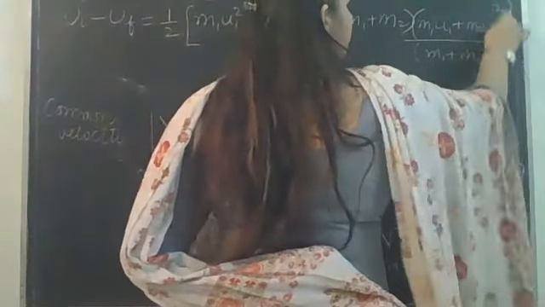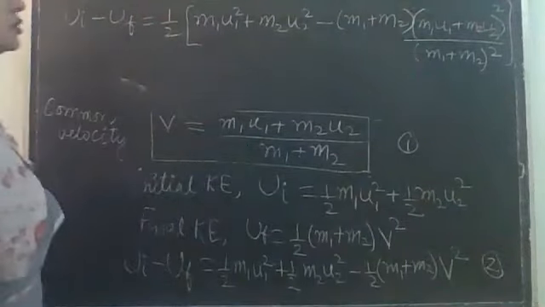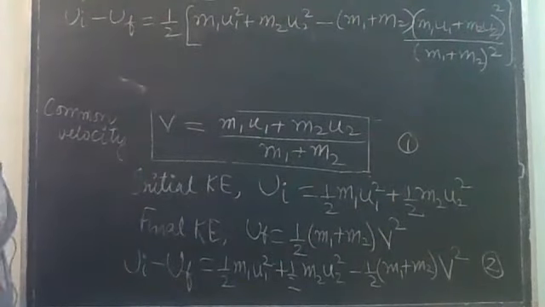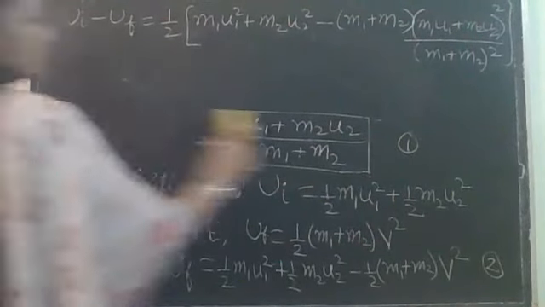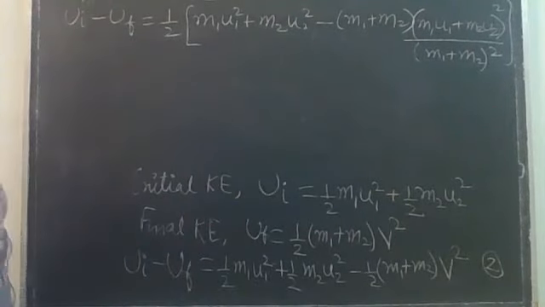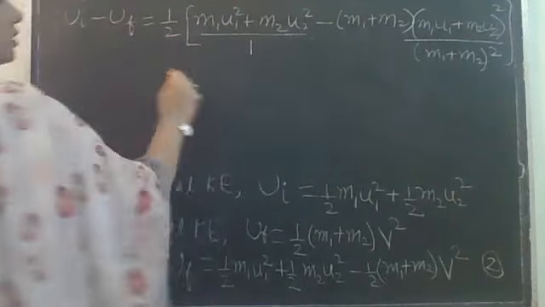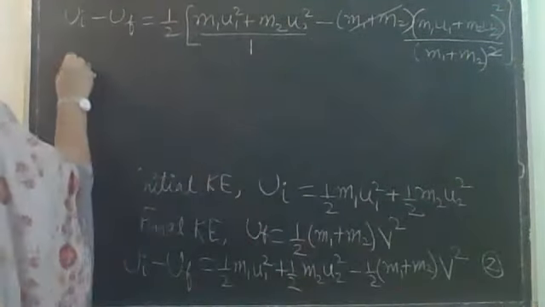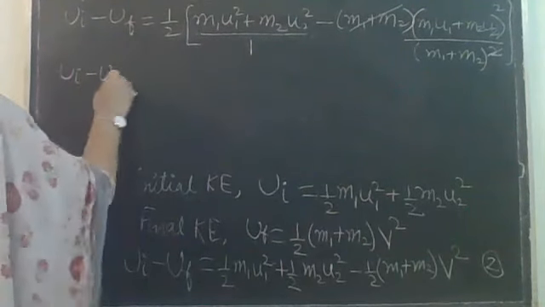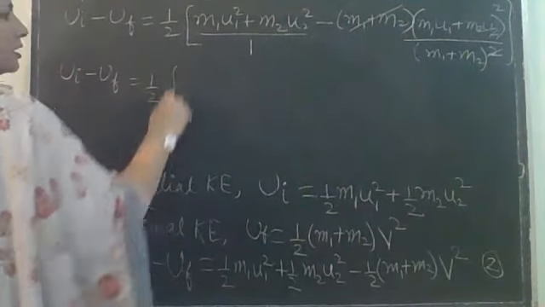See, this step is clear to you. So we will solve this now. Take the LCM. Let us say this is over 1. One m1 plus m2 gets cancelled. So this becomes, take the LCM.